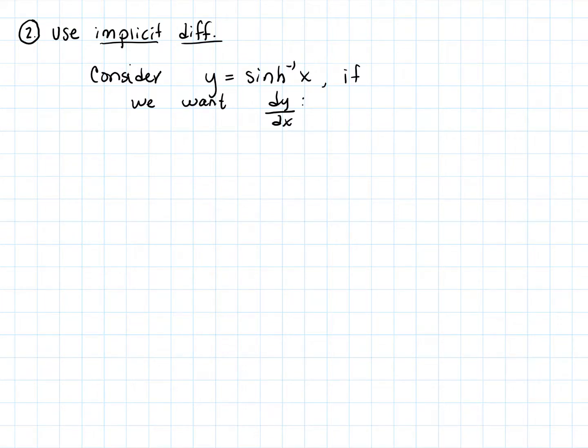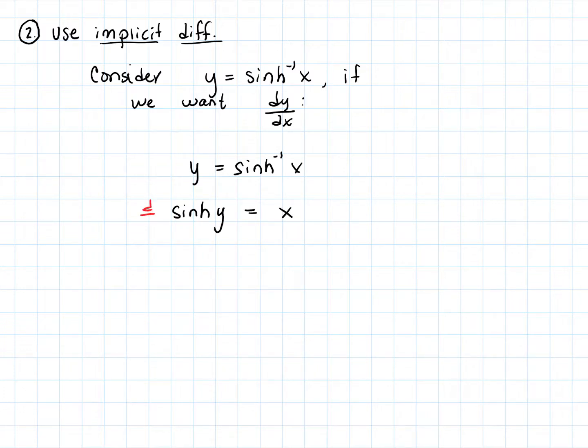derivative of the hyperbolic sine of x. I do know that derivative. So if y equals the inverse hyperbolic sine of x, what I could say is that the hyperbolic sine of y equals x.